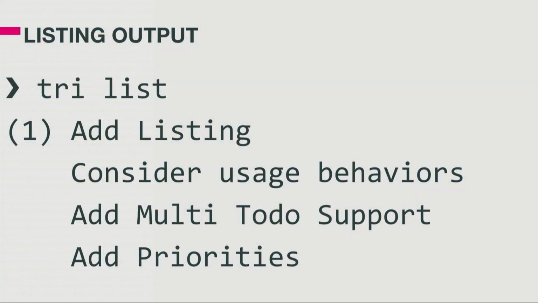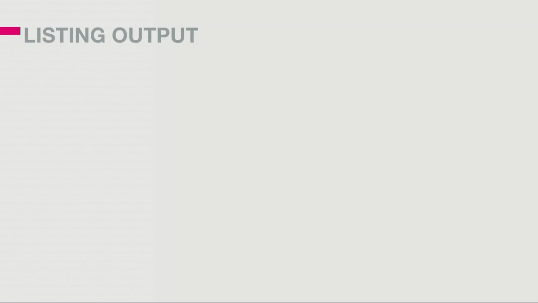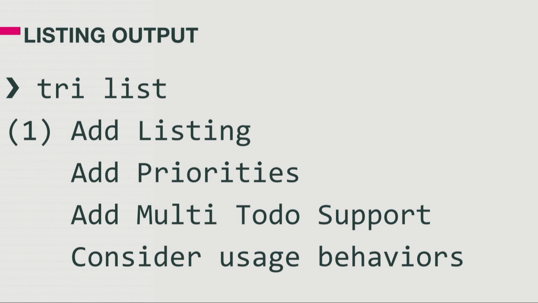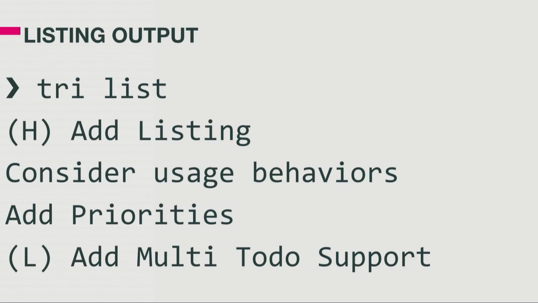So when you type try list, what's the output? And how do we want to format the output? How do we want to order the output? These are all questions that we think about as we're designing the application. Do we want to set the priorities? Do we want to tab things in?